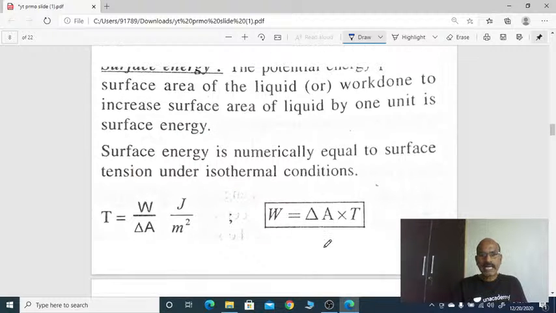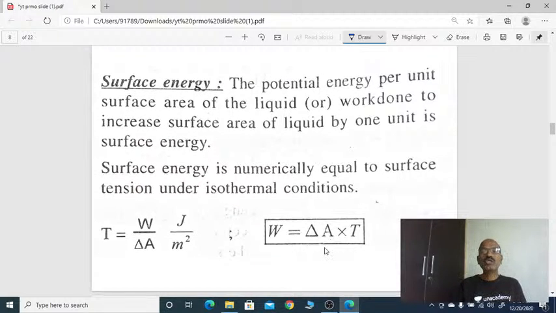What is surface energy? We know surface tension T equal to F by L. What is surface energy? See that the work done to increase the surface area by 1 unit is called surface energy.